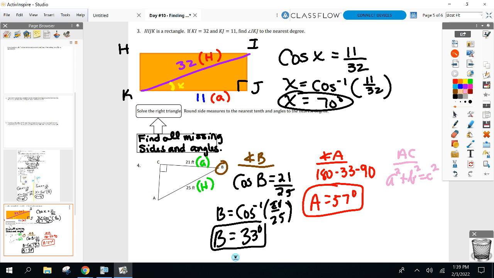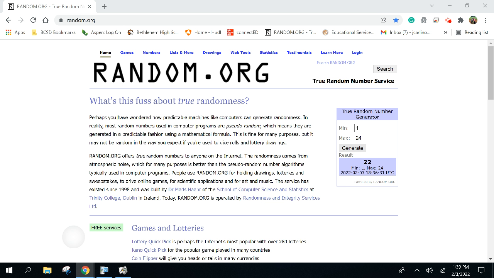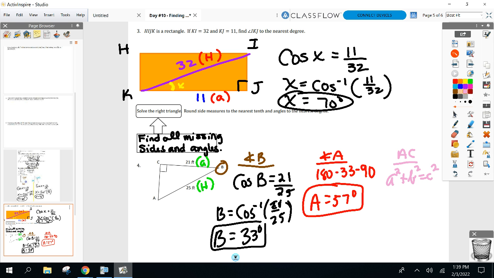If we do Pythag, where's the 21 and the 25 going? Where's the 21 going? I'll put it in for A. And where's 25 going there?